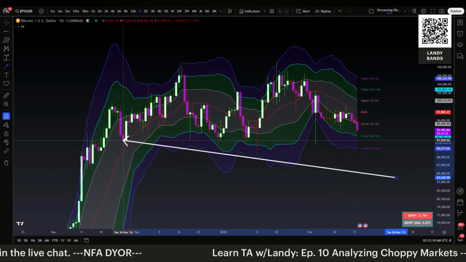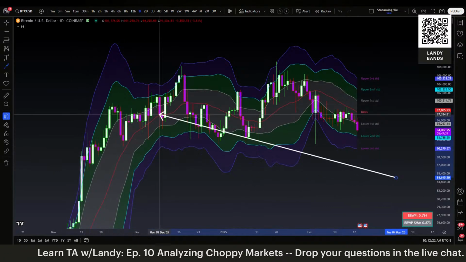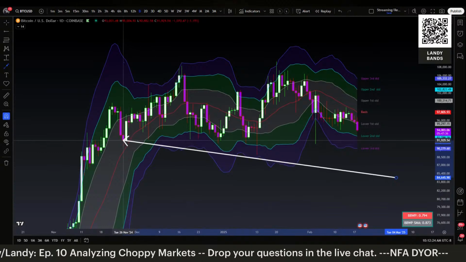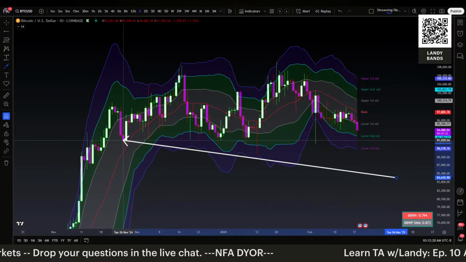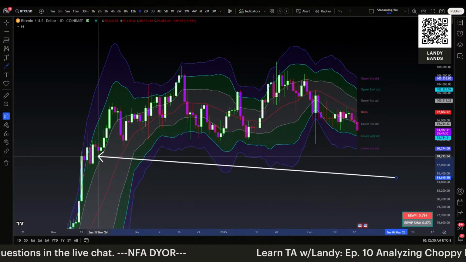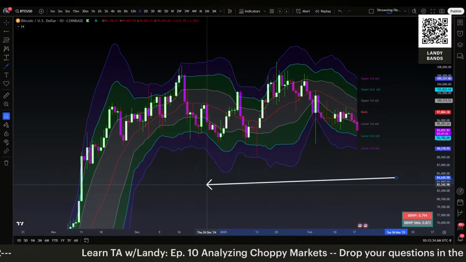Then we had a nice close open and a retest of this little consolidation before the next move up, and that's around $92,000. And then we have a nice higher low to reference right there, around 88,700.